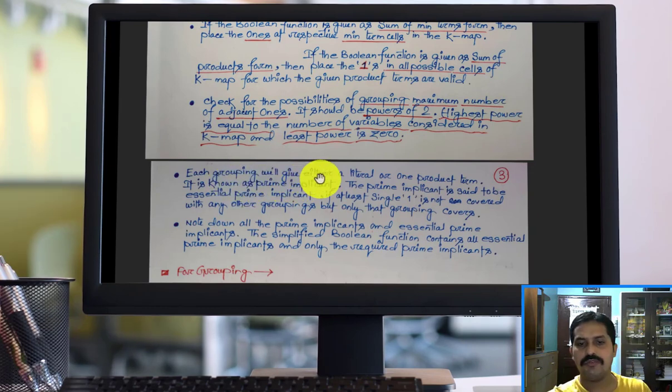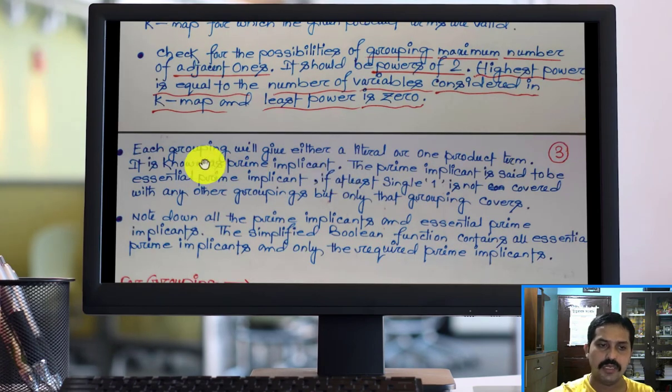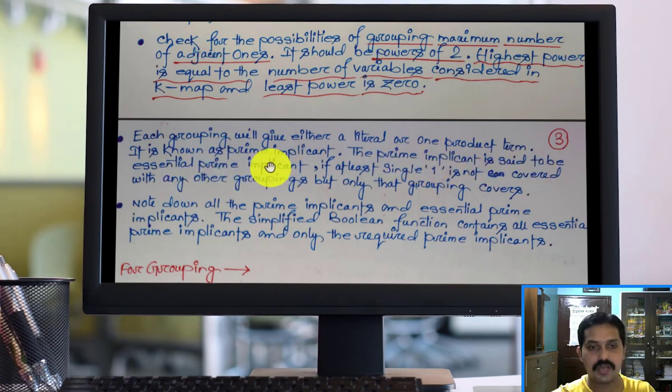each grouping will give either a literal or one product term. It is known as prime implicant. What is prime implicant? I will tell you later. Just remember the word prime implicant. We have to use this concept in our practical approach. The prime implicant is said to be essential prime implicant.